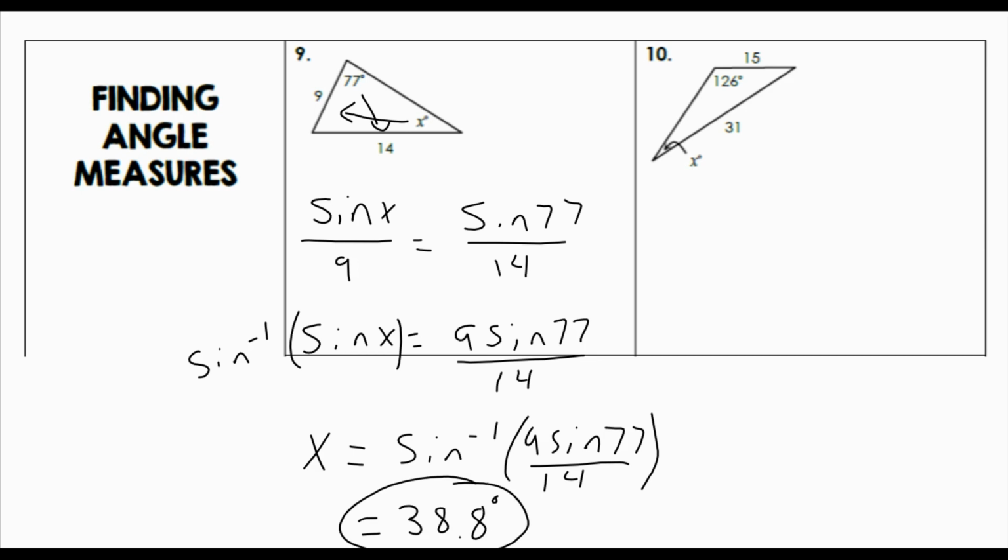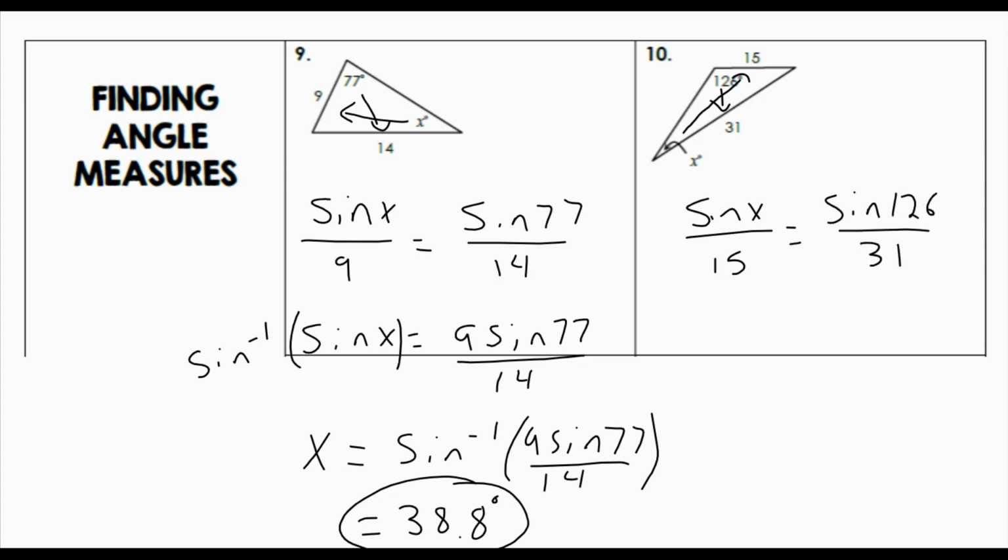Looking at number 10, I have angle measures of 126 and x, sides of 15 and 31. X is the angle measure across from 15, where 126 is the angle measure across from 31. So sine x over 15 will equal sine 126 over 31.